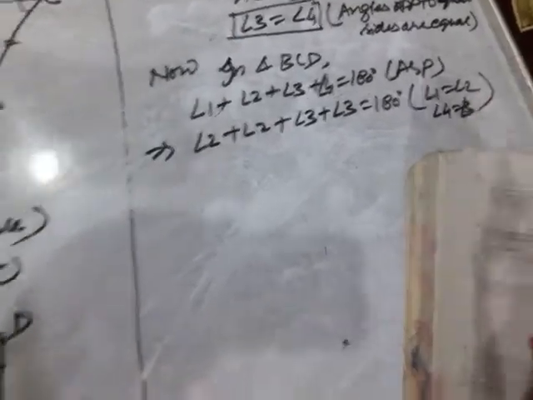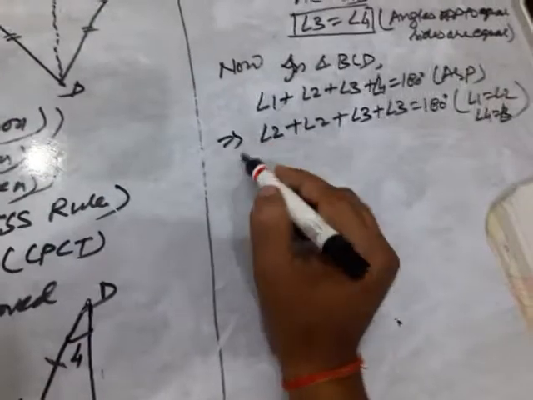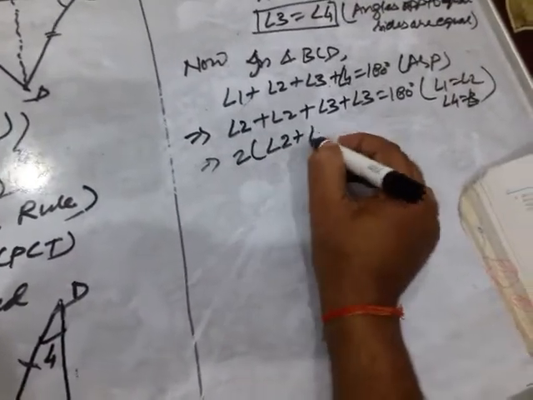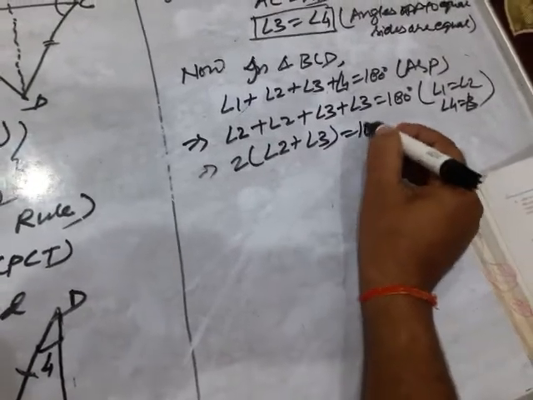This implies that 2 into (angle 2 plus angle 3) equal to 180 degrees.